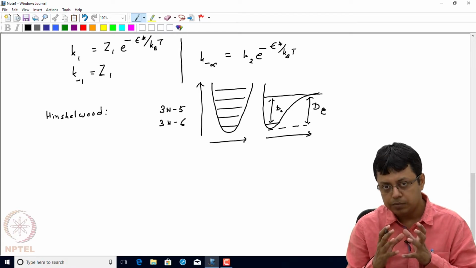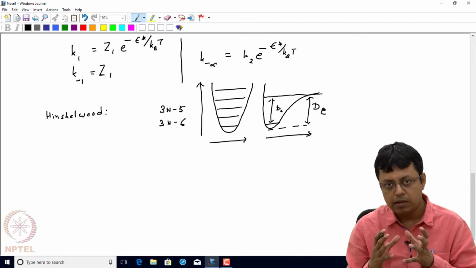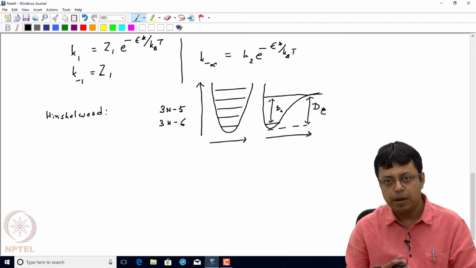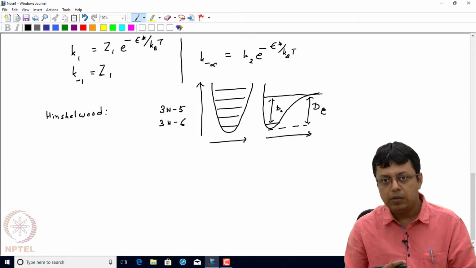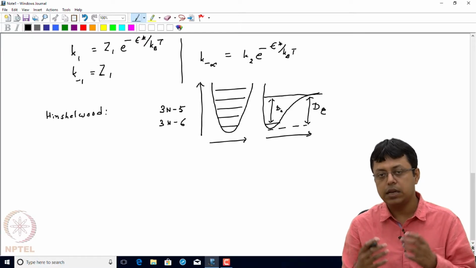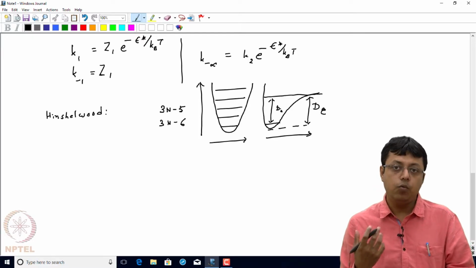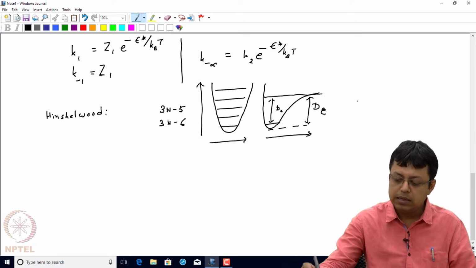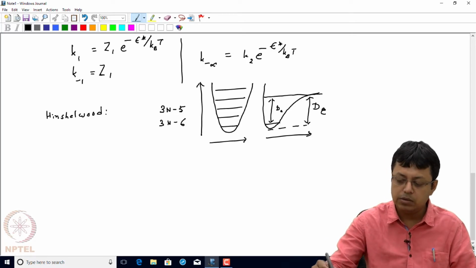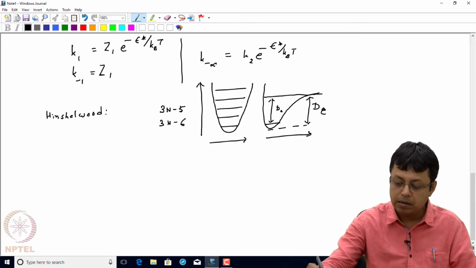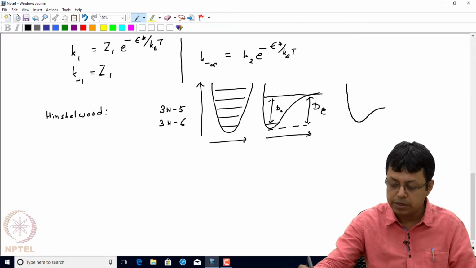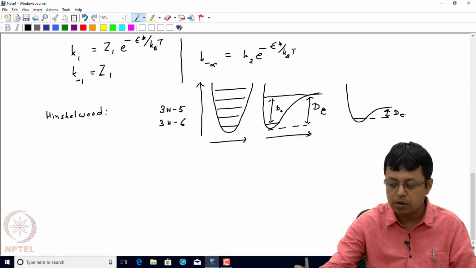Now in a molecule, you might have many different vibrations, and you can have different bonds, and one of them might be very weak. In the way I have drawn it, this is for one particular bond, but another bond can be very weak, for which the actual dissociation energy you need could be much smaller.